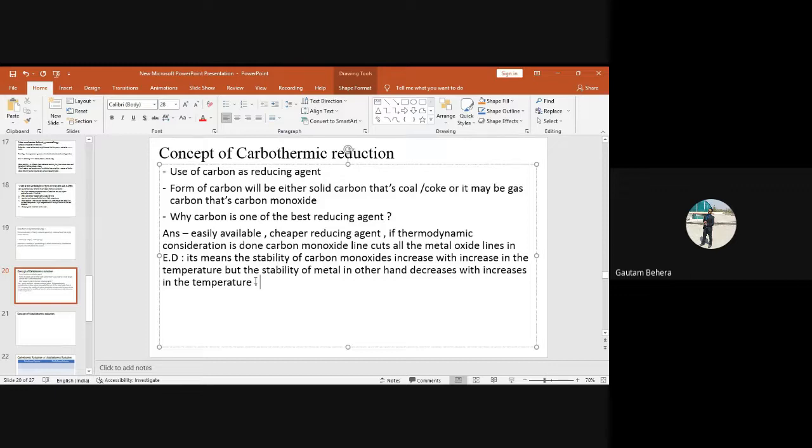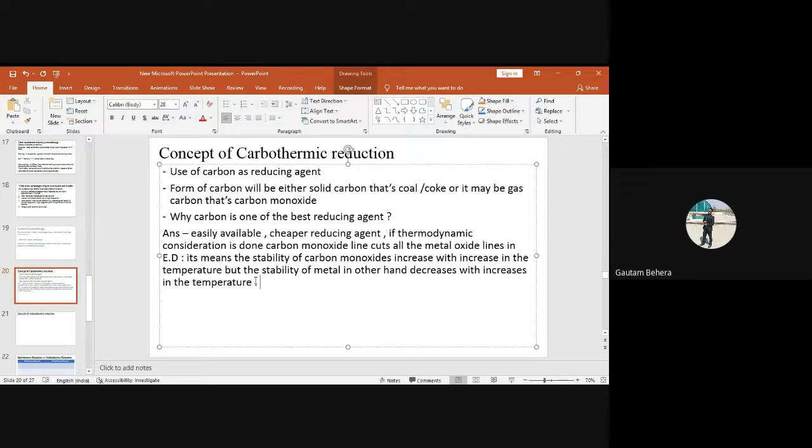If the ratio is higher, that means the amount of carbon monoxide is more, then reduction will be possible. But on the other hand, if the ratio between carbon monoxide and carbon dioxide is less, that means more carbon dioxide is present, then reduction may not be possible or feasible because carbon dioxide is an oxidizing gas, right?